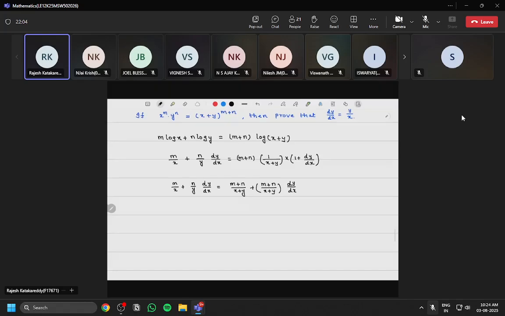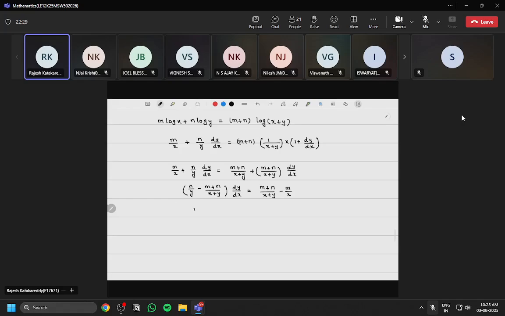Writing everything on one side, if I do that, what will I get? n by y minus m plus n divided by x plus y into dy by dx is equal to m plus n divided by x plus y minus m by x.